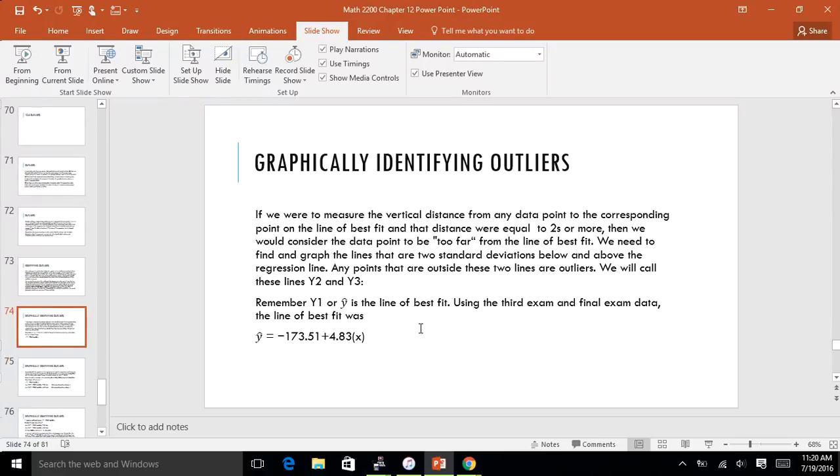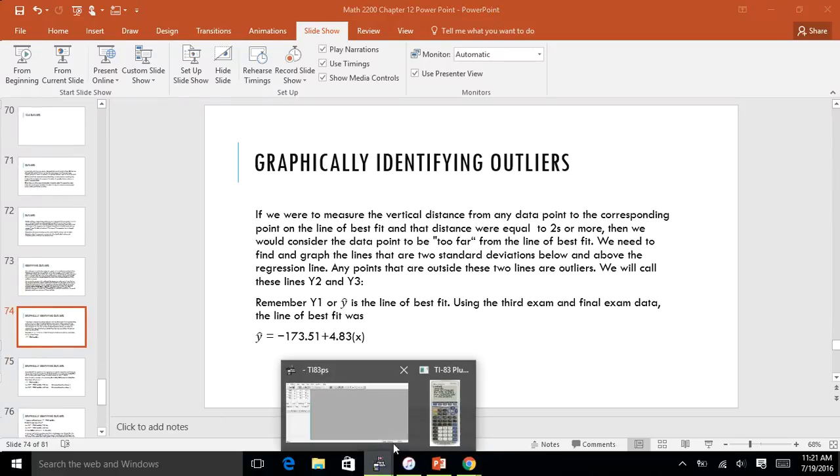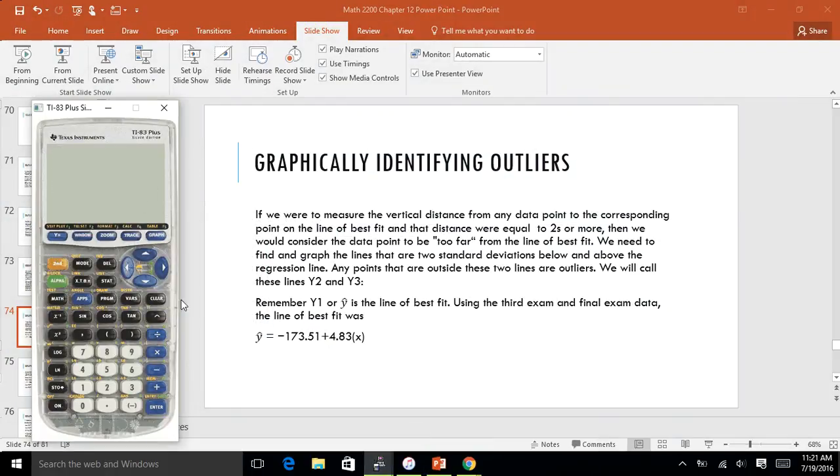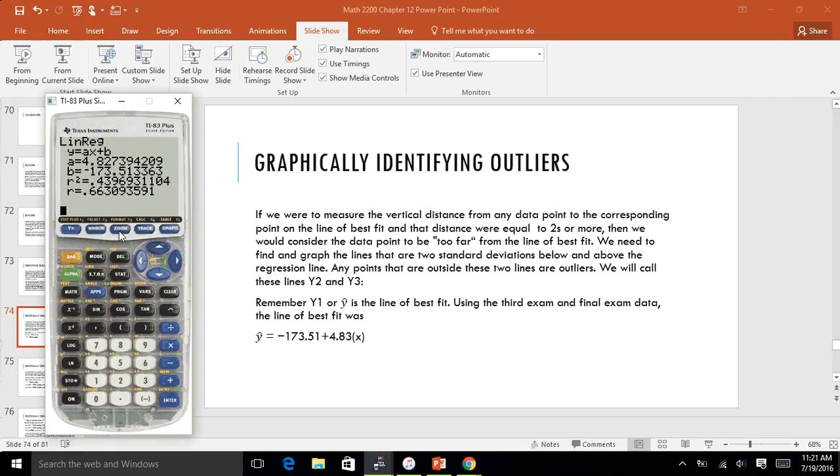It might help, okay? So I'm going to pause out of this and bring my calculator up. Okay, I still have my data in there, and you can see I still have my line of best fit. So now I'm going to go to second Y, and turn on the scatter plot again.